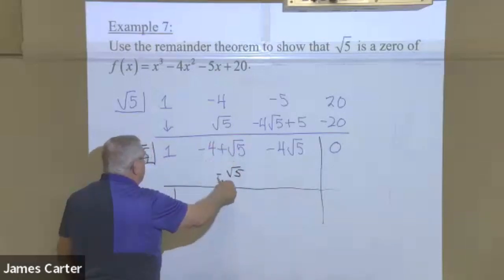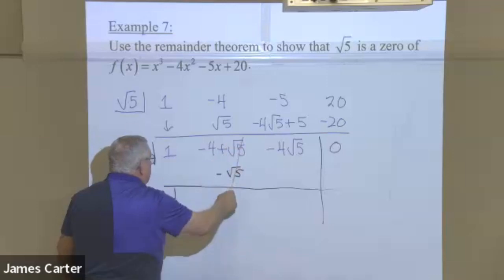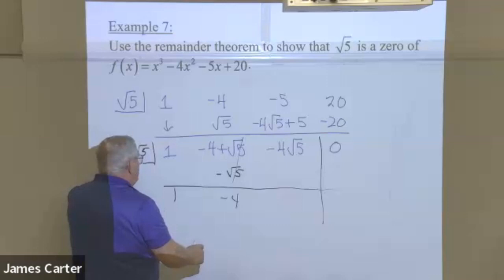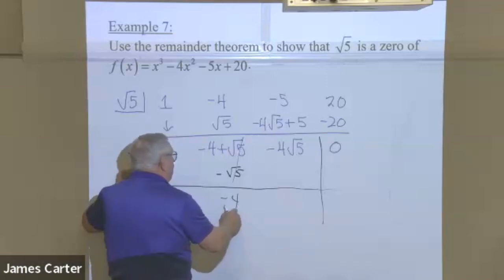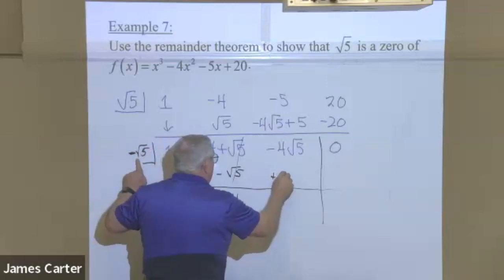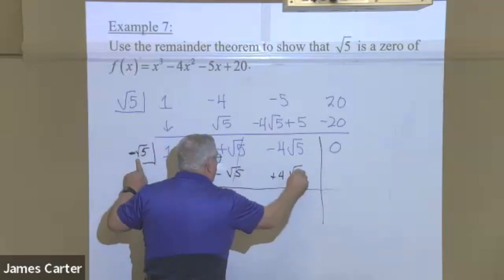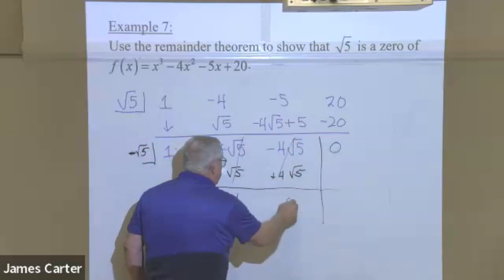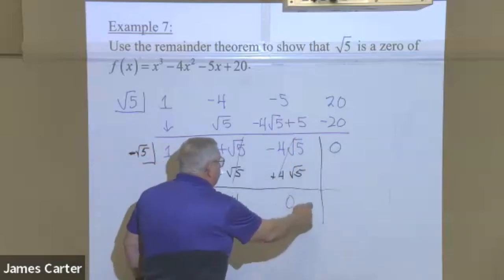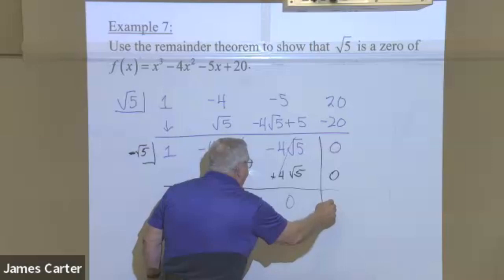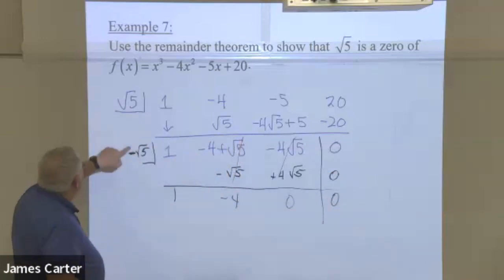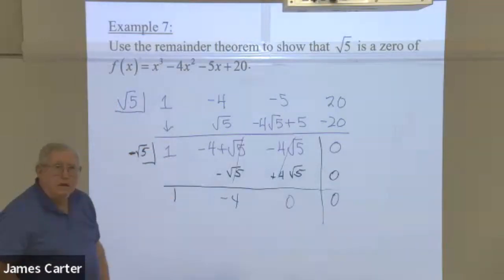I add these two, those cancel, leaving me negative 4. I take negative radical 5 times negative 4, and I get positive 4 radical 5. These two are opposites. I get a 0. So that proves that these conjugates are both factors of the problem.